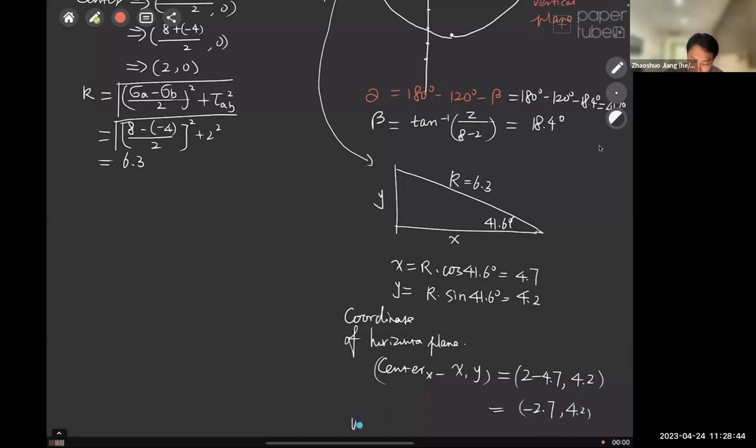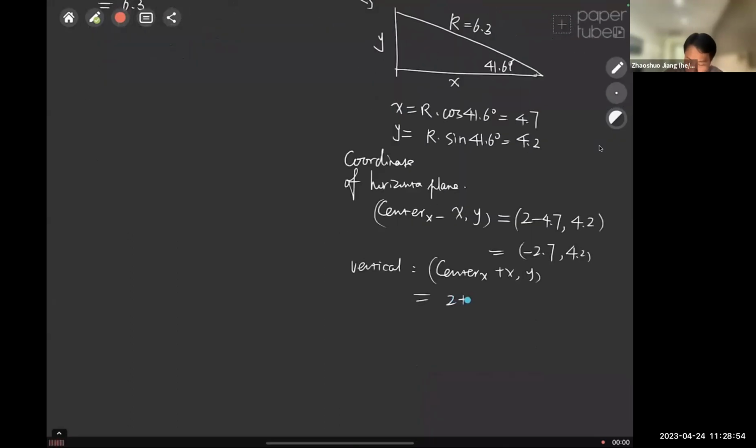Similarly, for the vertical plane, we have center X plus X and Y. That would be 2 plus 4.7 and negative 4.2. That means our coordinate is 6.7 and negative 4.2.